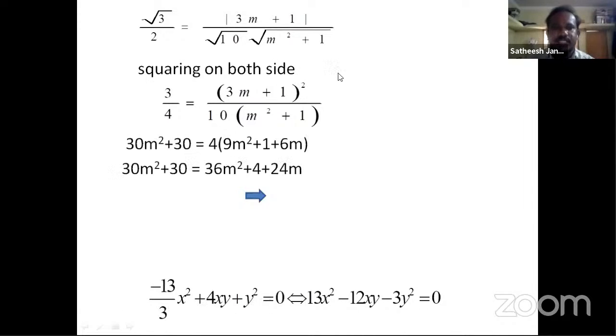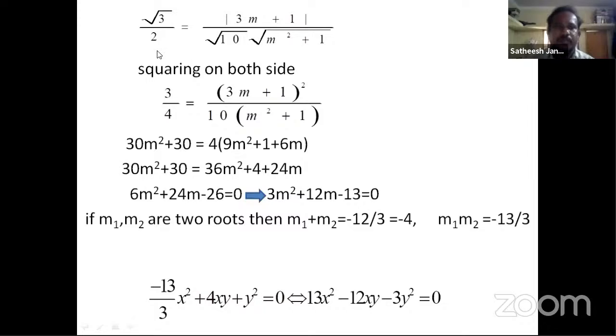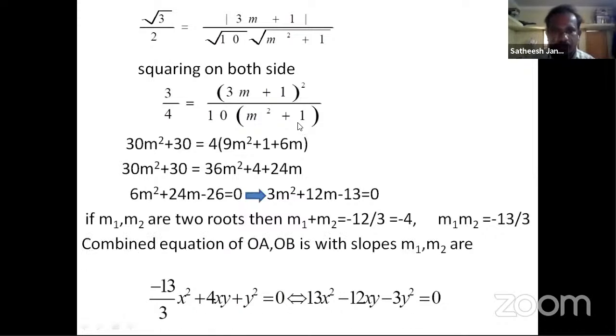Squaring on both sides, we get 3/4 equals (3m + 1)² divided by 10(m² + 1). Now cross multiplication: 3 into 10 gives 30m², and 3 into 10 into 1 gives 30.